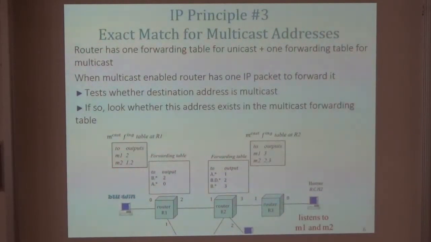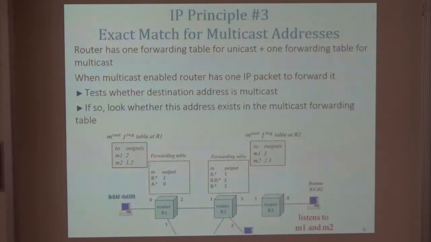Whenever an IP router has IP multicast enabled, whenever it receives an IP packet with a destination address of the multicast type, so deciding whether the address is multicast or not is a fairly simple thing that is typically done in high-performance routers by hardware assistants, then this packet needs to be forwarded by looking at an exact matching table that is given by the tree, in the best case. In the worst case, it needs to be dropped because the distribution tree is not yet being completed.